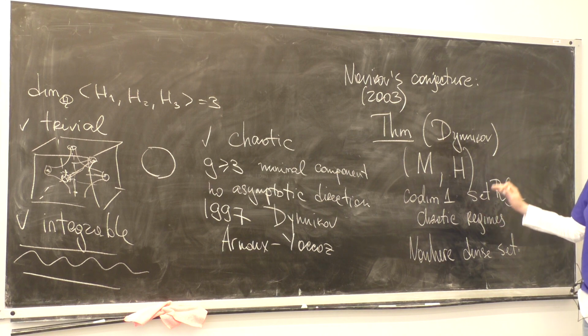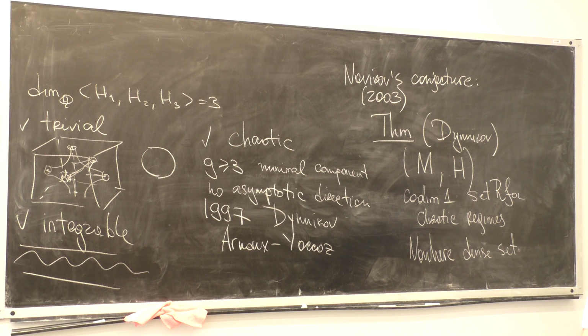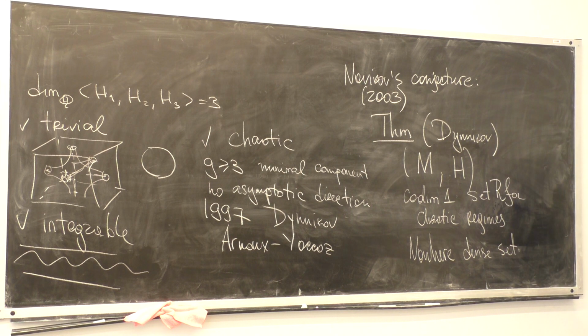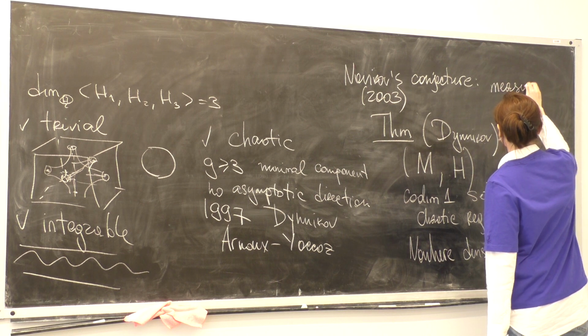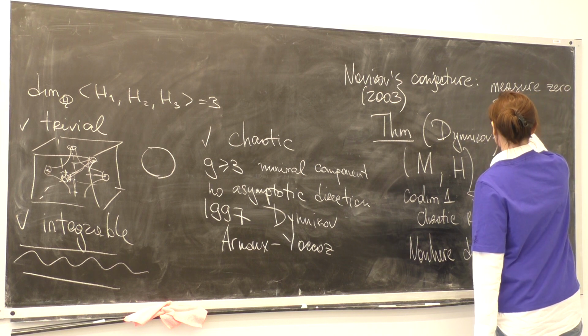And moreover, we can even estimate the Hausdorff dimension, somehow proving that it's a real fractal, that its Hausdorff dimension is smaller than the dimension of the set minus 1. But I will not discuss much the Hausdorff dimension part today, despite the fact that I worked on it for some time. I want to concentrate just on the measure zero statement for chaotic regions.